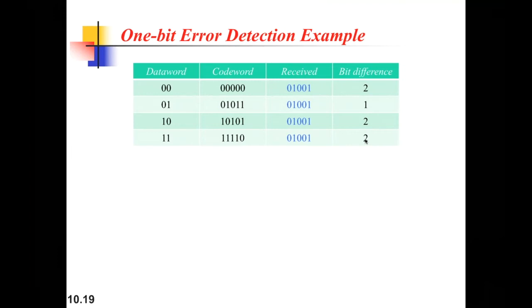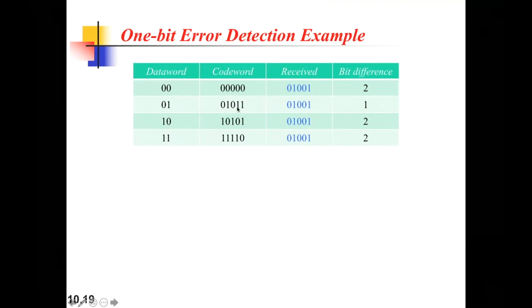You know that this coding scheme can detect only 1 bit of error, so you will say only 1 bit of error is here when you compare it with the second. So it means that the correct data word is this one. You will discard the received code word and consider this one as the correct code word.